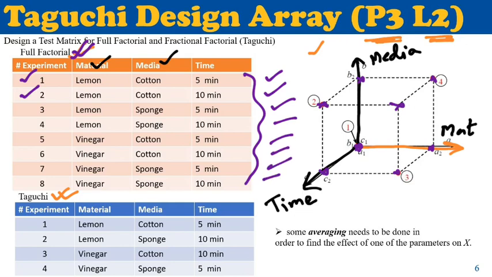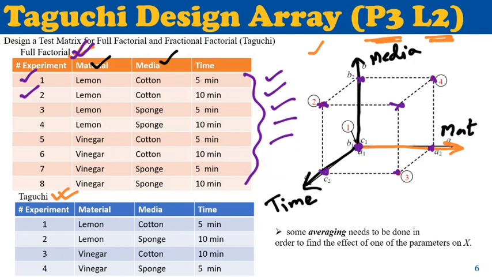The Taguchi method is useful because he said you can run only 4 tests and get the full output of running 8 tests. Better, huh? You can get away by running 4 tests and still make the decision without running 8 tests. And what are those tests?